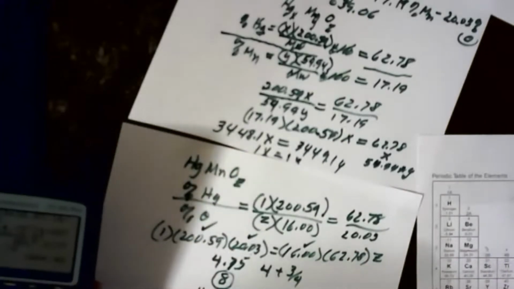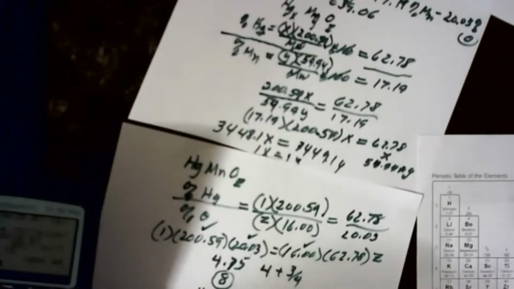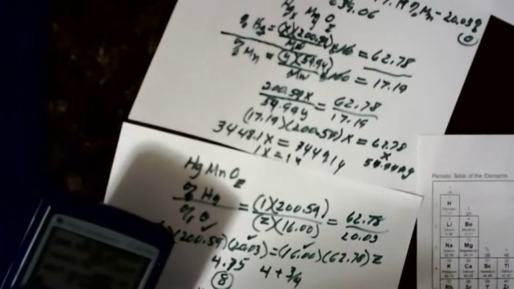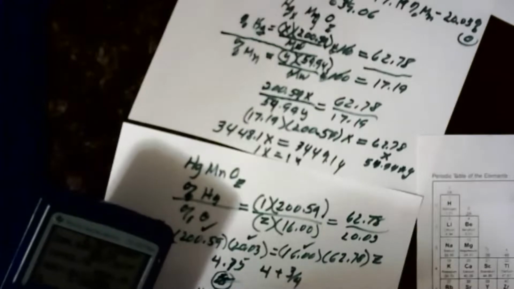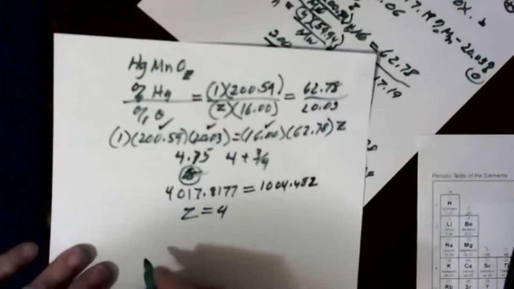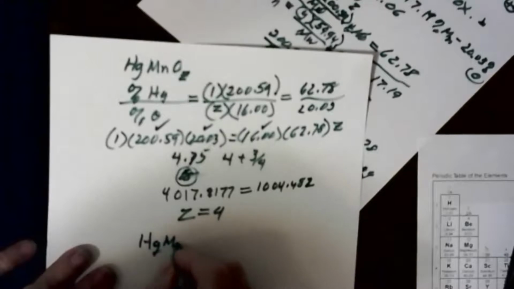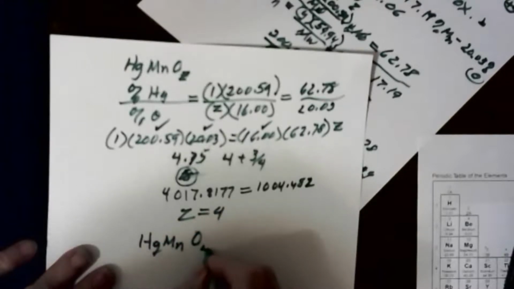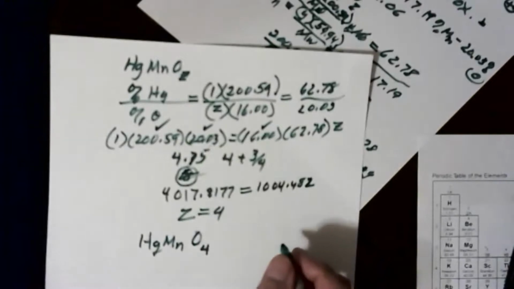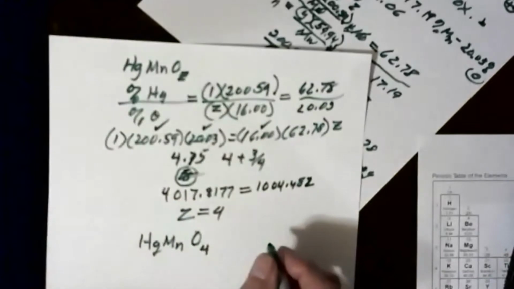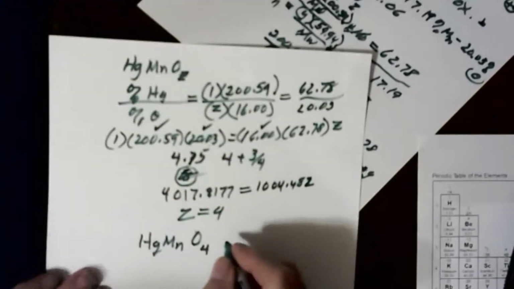So if I take 4017.8177 and divide by that answer that I have, it's 3.99999. So Z is going to be equal to 4. So my formula that I would predict from this would be HgMnO4.